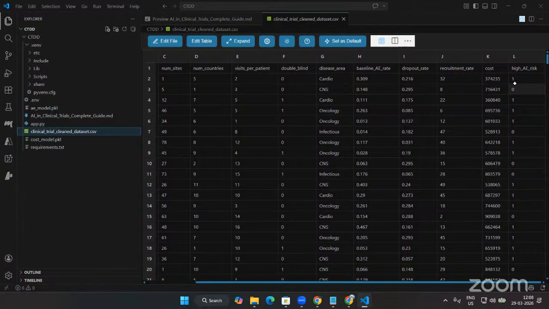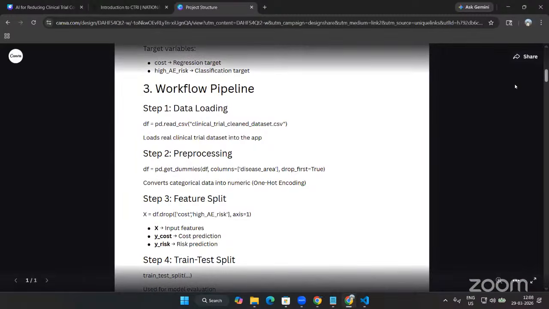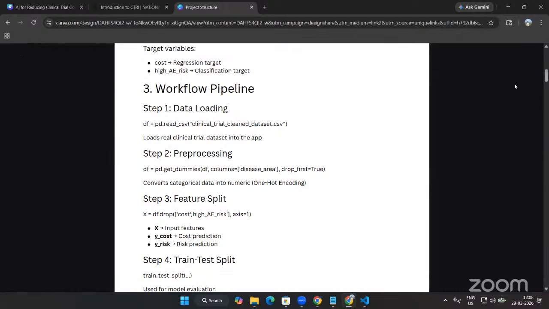Okay, now let us go back. The second one is the workflow pipeline. Here, step number one is data loading.